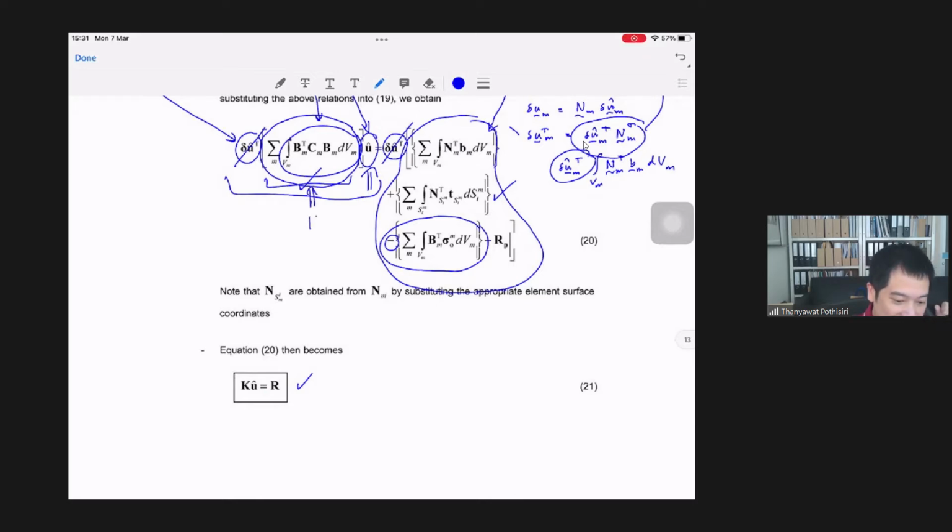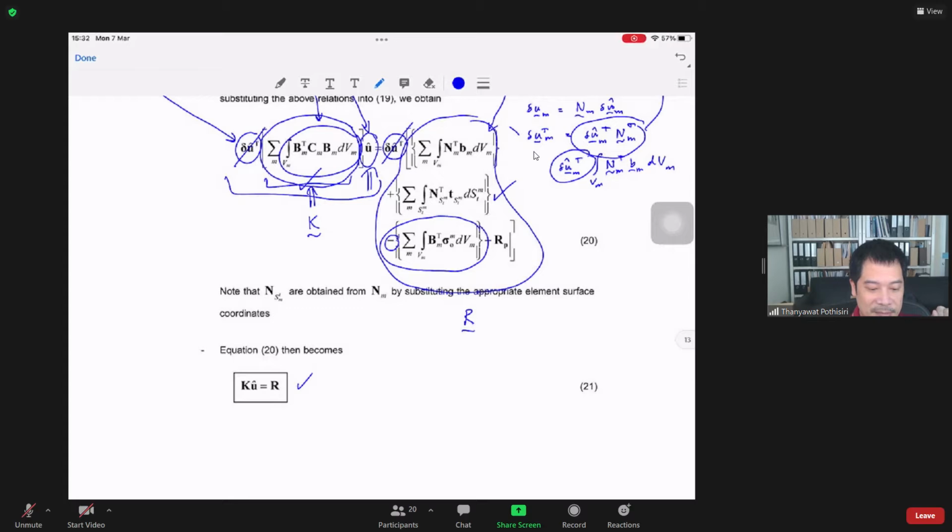So this is basically your matrix K, this is u hat, and all this is your R. So this is written in the form that we are used to.